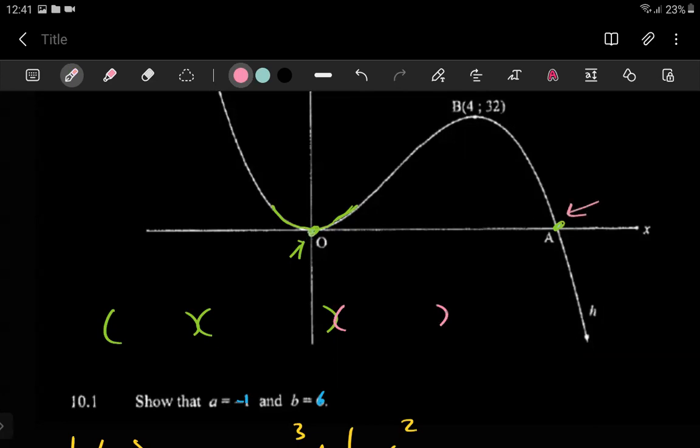Hypothetically, here you could put x plus 0, x plus 0, and then for the other, let's say this was a 5, here you'd put x minus 5.